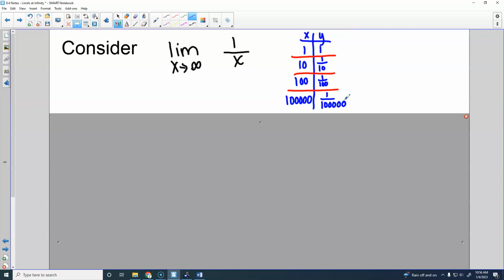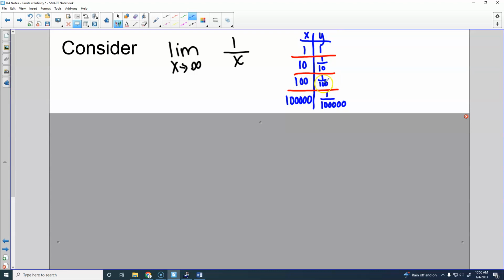Think about it. Say that we got a pizza, right? And x is our number of people. If I've got one person, I've got one pizza, I'm splitting between one person, that person gets a whole pizza, right? But if I got 10 people, everybody gets 1/10 of a pizza. That's not much. If I got 100 people, everybody gets 100th of a pizza.